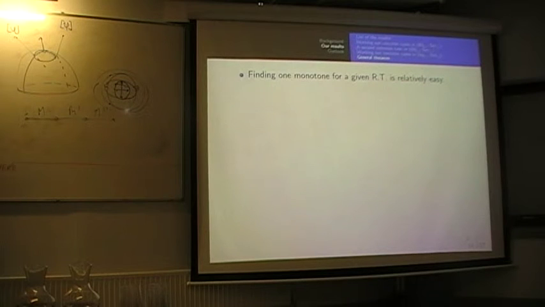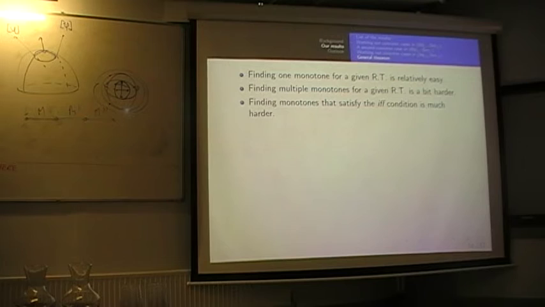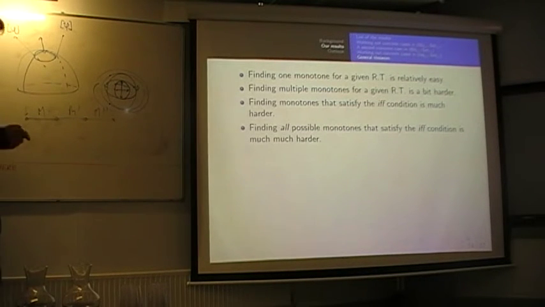So this is actually one monotone, but as I mentioned before, getting many of these turns out to be harder. And so far I'm just working with these really easy categories, right? So it is harder to come up with more than one. And finding even one monotone that satisfies the if and only if condition is much harder. And finding all possible monotones that satisfy the if and only if condition, which is what this theorem does, is much harder.